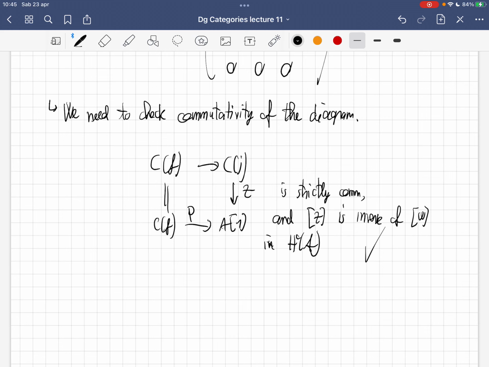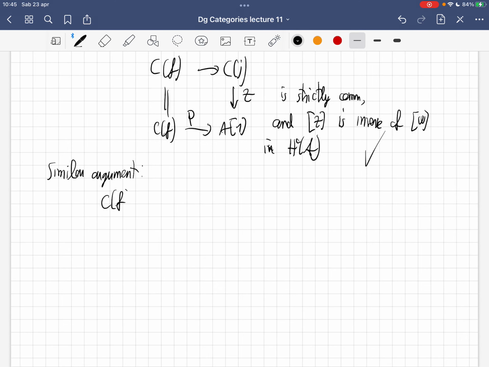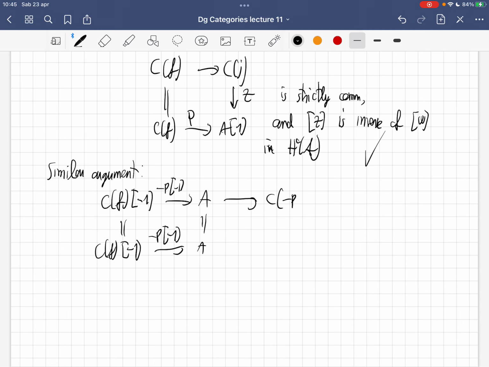And yes, the other one I will not do, and it's a similar argument. You show that, for example, you have this. I mean, you see that it's quite boring, but the strategy will be the same.